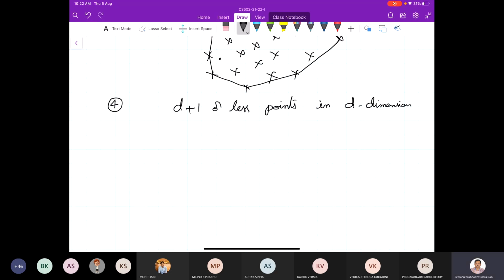So when you think about 2 dimensions, d plus 1 is 3. If you consider all convex combinations of 3 points, that is the convex hull of these points. Okay, let me write it down.